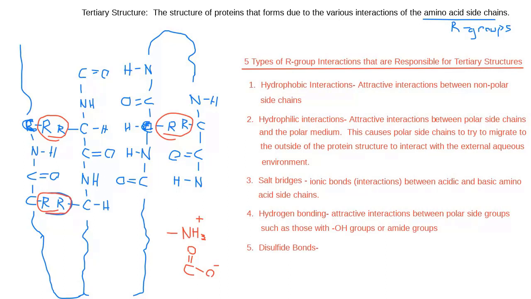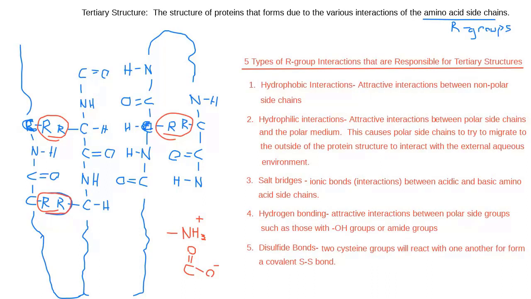Basically two cysteine groups will react with one another to form a covalent sulfur-sulfur bond. So the disulfide bonds are actually covalent bonds. It's not just an interaction or an attraction.